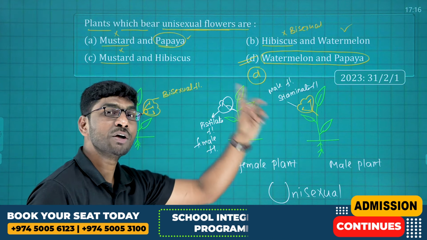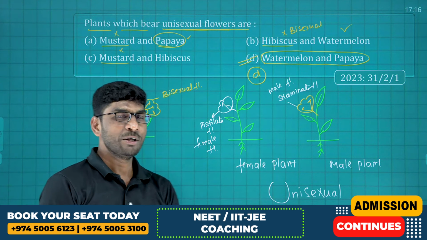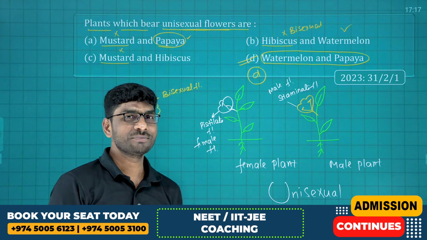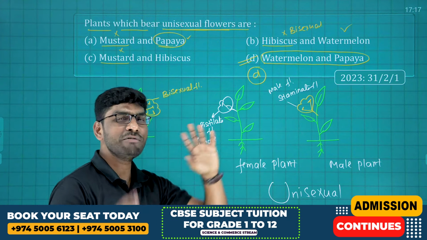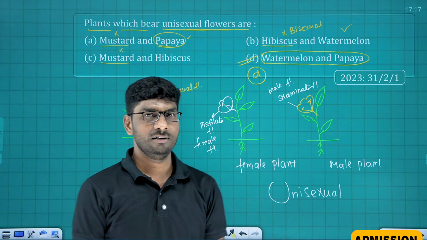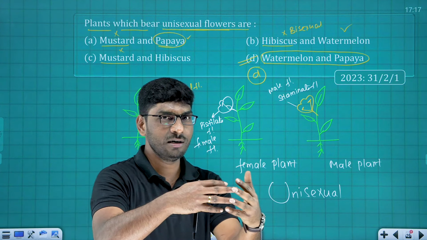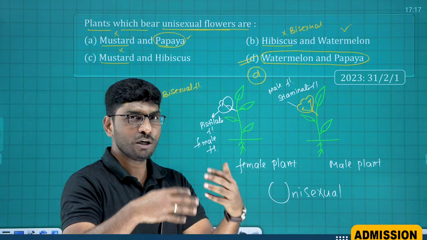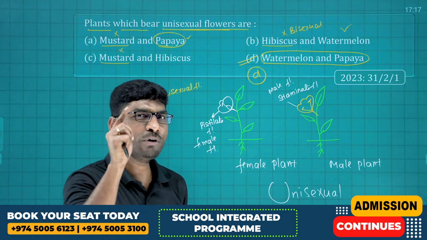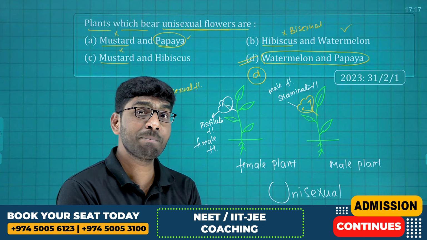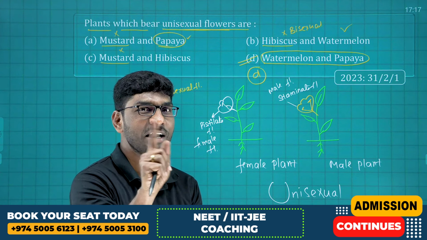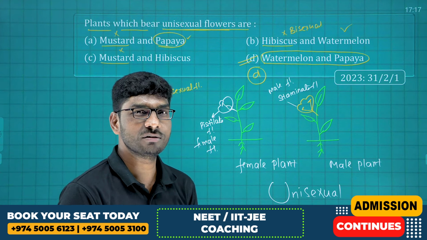Watermelon and papaya, unisexual. If you closely notice something, here staminate flowers, actually we know a flower becomes a fruit, right? The ovary becomes fruit. If it is a bisexual flower, the ovary becomes fruit. If you notice something in the male plant, it bears flowers, but it will never produce seeds and fruits.